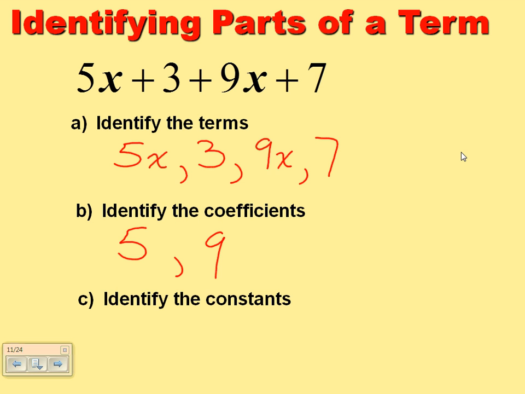So the next thing is the constants. What numbers are by themselves without the variables? They are 3 and 7. So you might see a problem like this on tonight's homework. I'm hoping you guys are able to answer the questions.